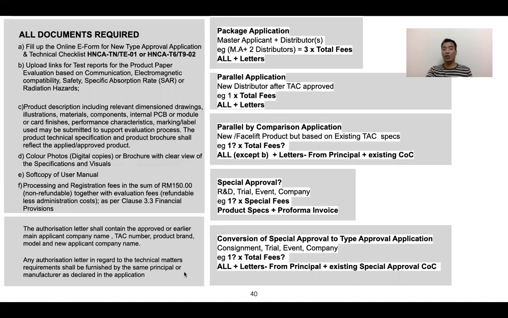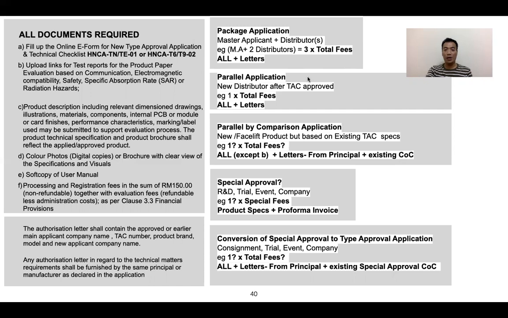Or if you're a distributor for a principal brand, overseas or local, and you are doing the tech approval on behalf, make sure you get a letter of appointment from your principal or your manufacturer. Okay, there are a number of application types here. It can be a package application where you are a master applicant and you are doing it together with your distributors. Okay, make sure these are the documents you need.